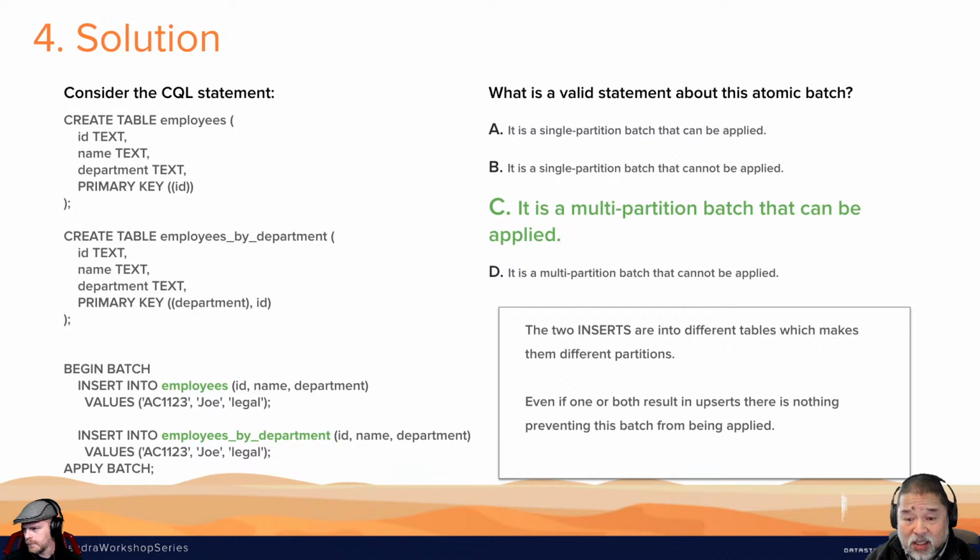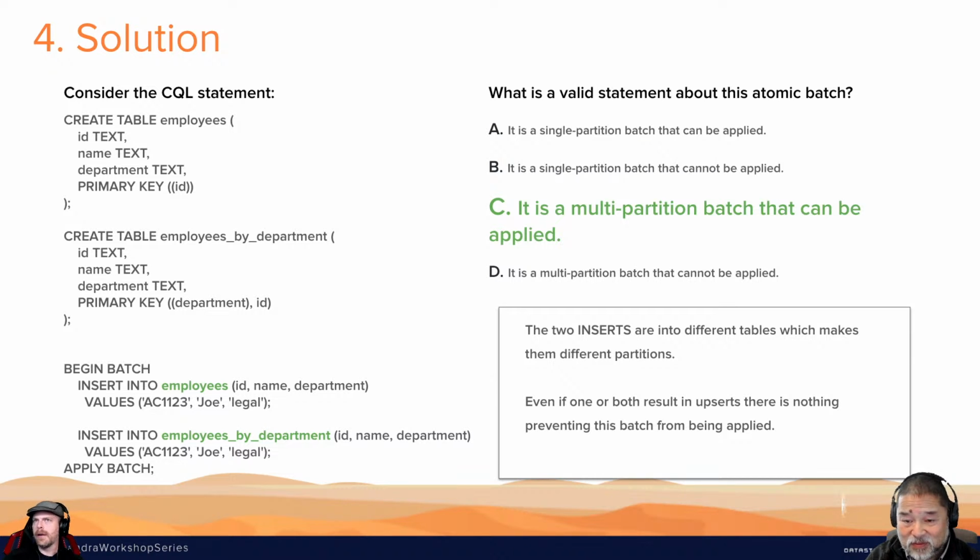So the correct answer is that it is a multi-partition batch that can be applied, and that's C. But it's very much a Cassandra thing. The first time I saw this sort of CQL, that really nailed it down for me that this is not a relational database. It's completely different.